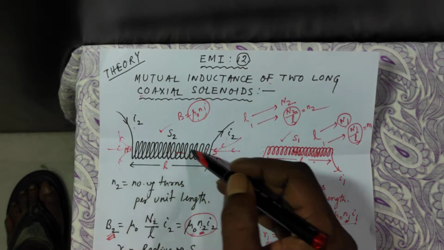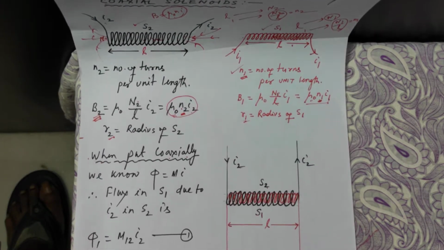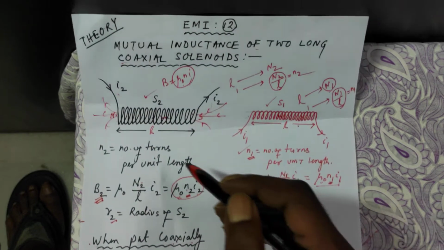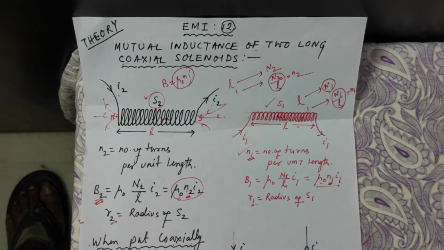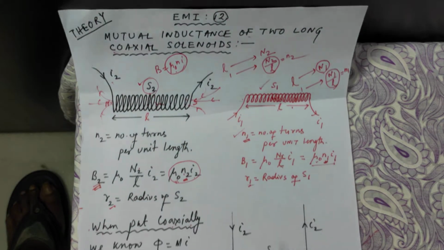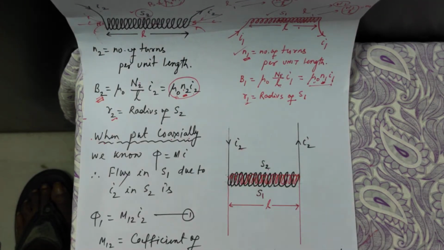Which kind of current? A current that changes with time, a time varying current. This passes through this black solenoid, shown in black, S2. I2 passes in through this side and comes out through this side, and S1 is now inside S2. That is shown in red here.